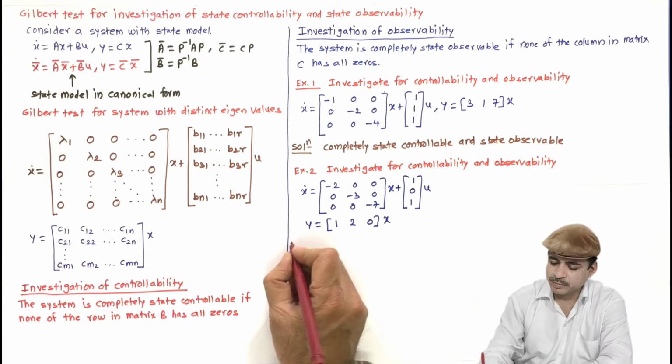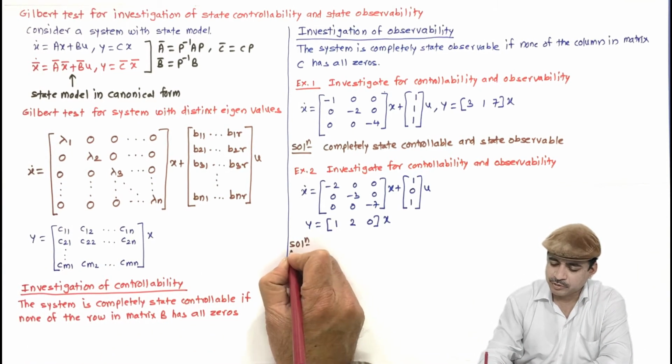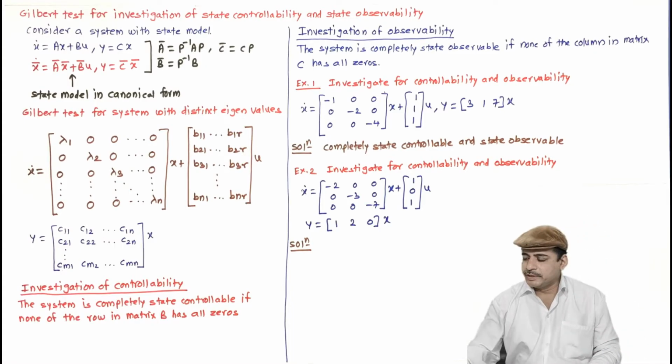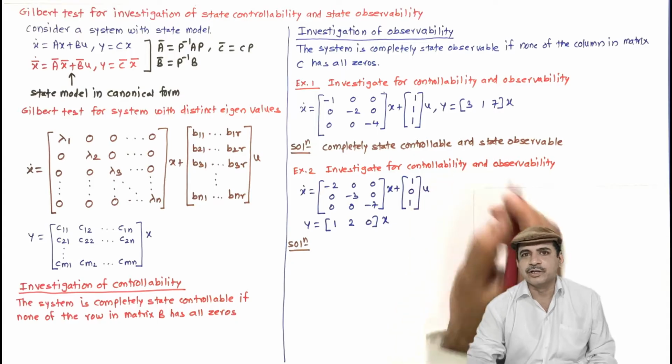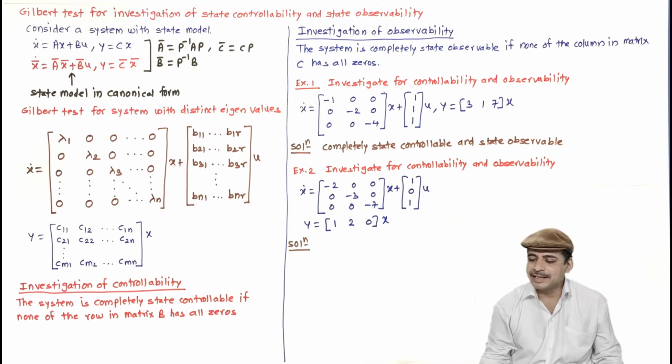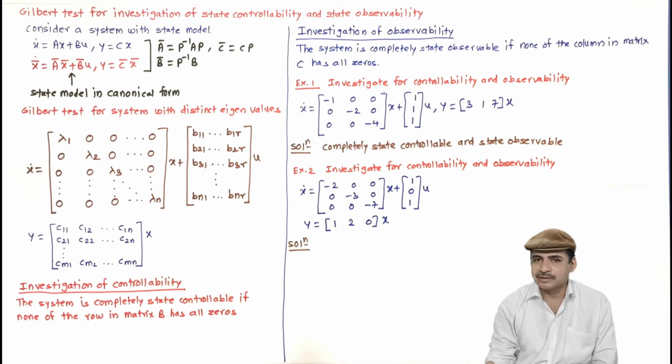And now let us find out whether the system is completely state controllable or not. So in this case, if you look, the second row of B has all zero elements. That means system is not completely state controllable.